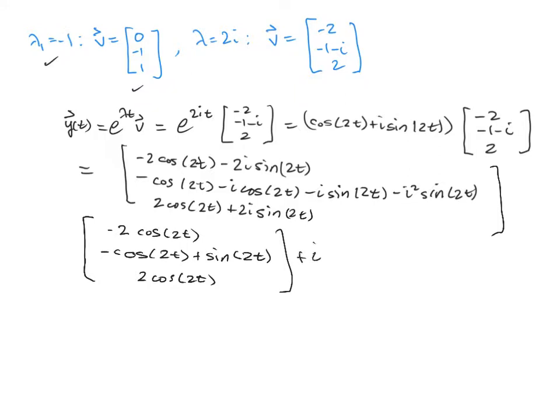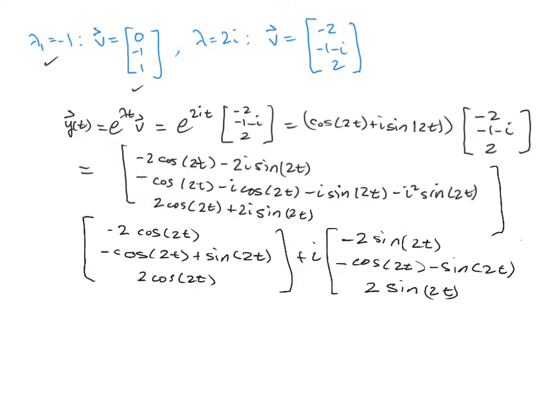And that's plus i times the imaginary part, which is -2 sine 2t, negative cosine 2t minus the sine of 2t, and then for our last entry, 2 sine of 2t. So again, those two vectors there are the second and third vector that we need to express our general solution.